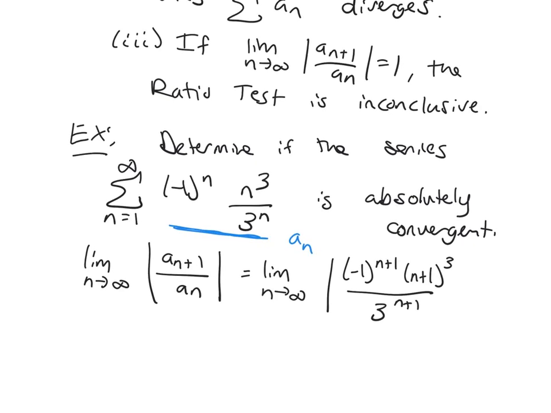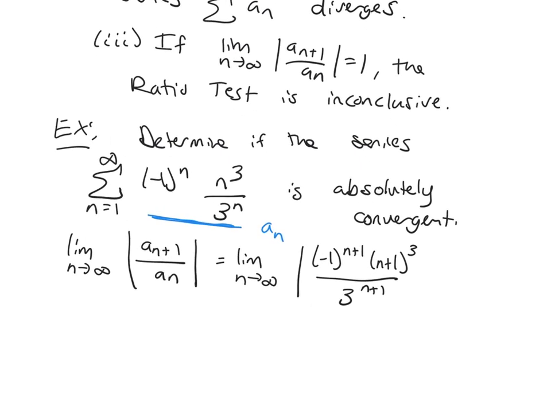And then I need to divide by a_n, which I've underlined in blue. It's going to be messy if I write divided by, so I'm going to flip the fraction.